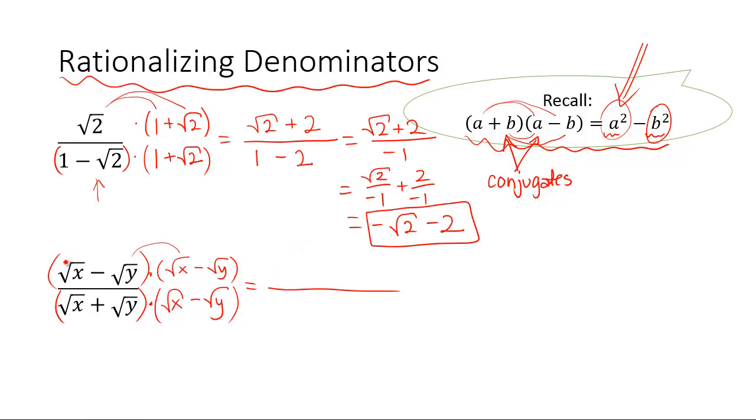So that's root x squared from the first times first is x, minus twice the middle term, which is root xy, and then plus root y squared, which becomes y. So be careful with writing those out very carefully.